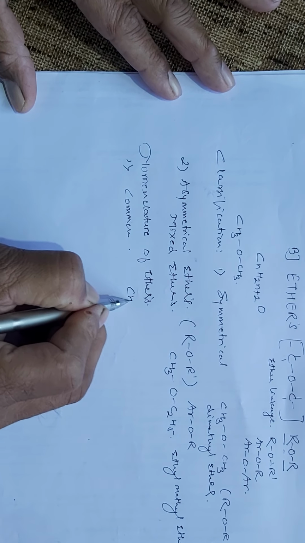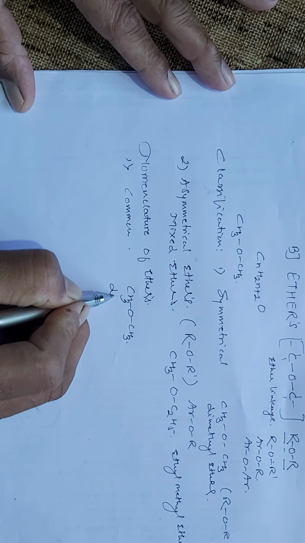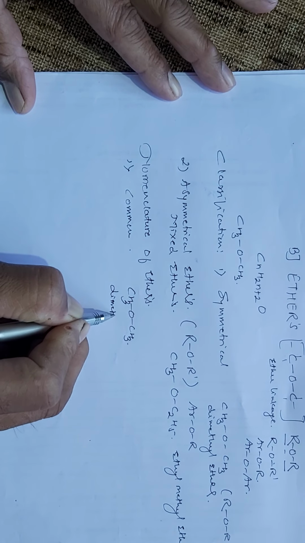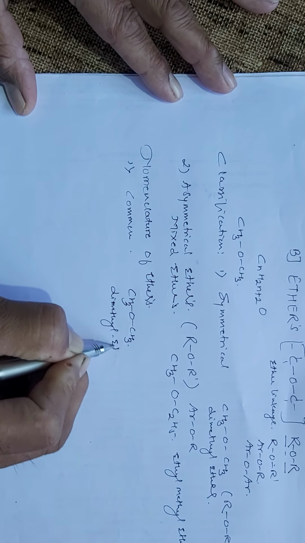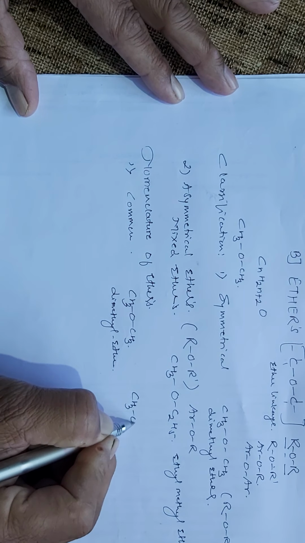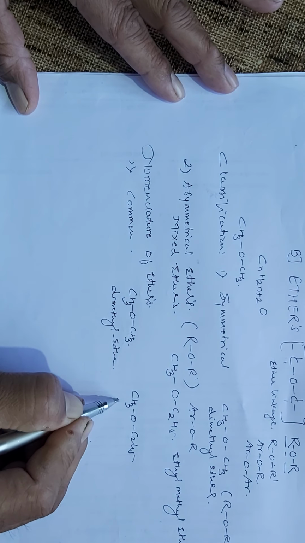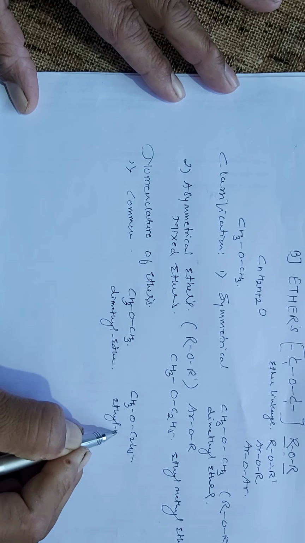Suppose here it is CH3OCH3, we say it is dimethyl ether, where di is added to methyl, and the name ether is added. If it is a mixed ether, CH3OC2H5, we say that it is ethyl methyl ether.